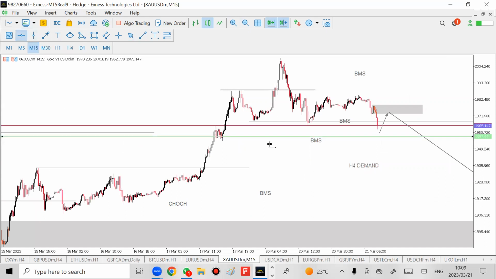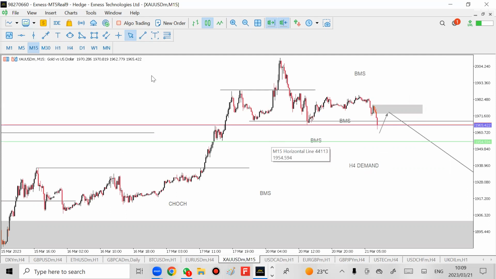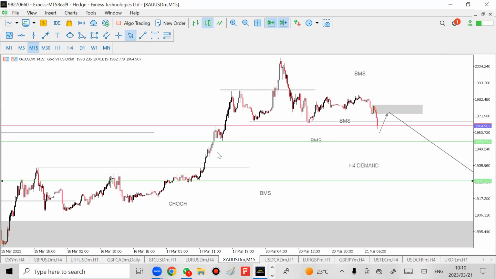We mark our TP targets, and these TP targets, we're gonna be looking at the previous swing lows. Yes, all these are TP targets if you are to be taking partials.